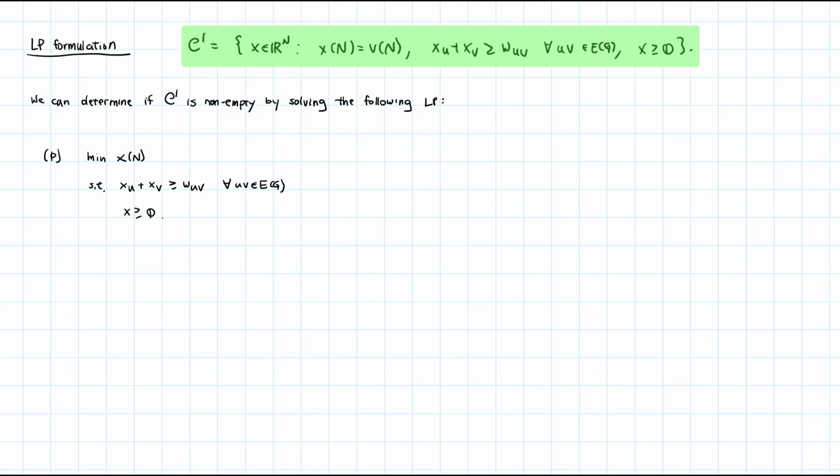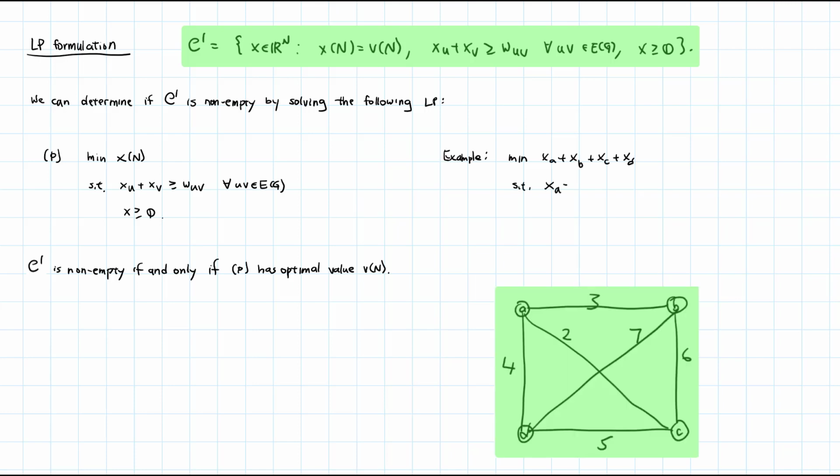The same argument from before will tell us that this linear program has an optimal solution, and script C prime is non-empty if and only if P has optimal value V of N. For example, this is part of the LP for our graph from before.